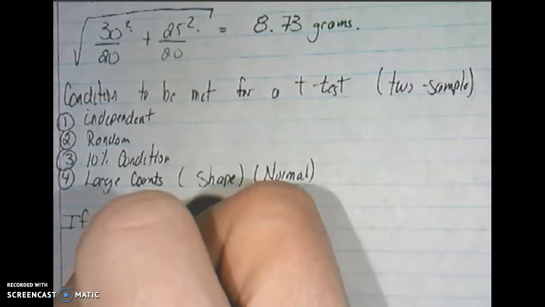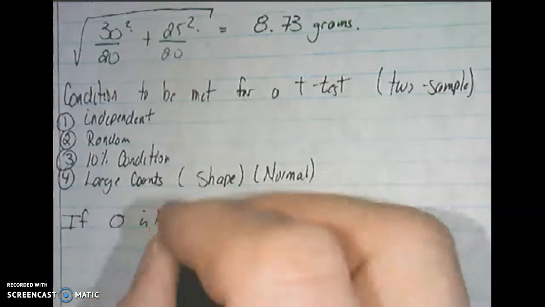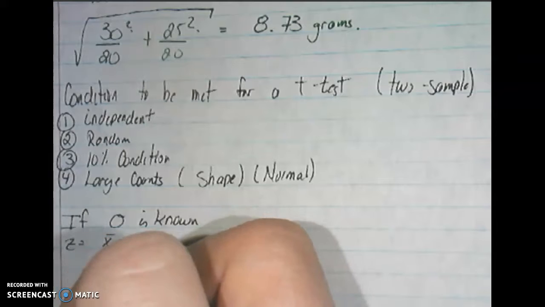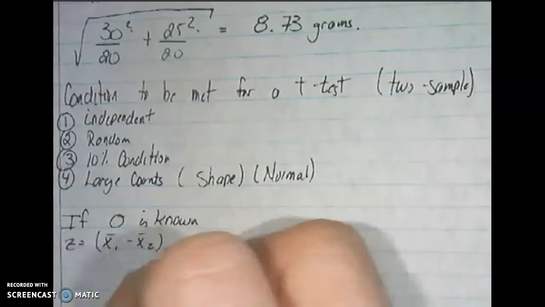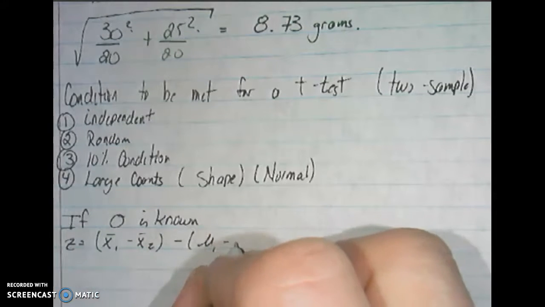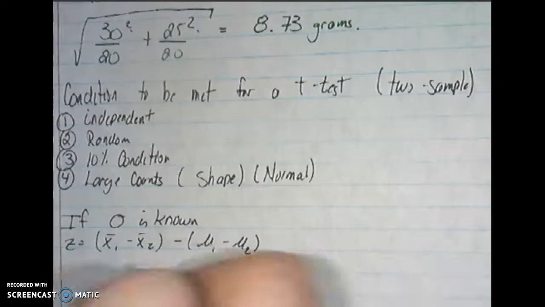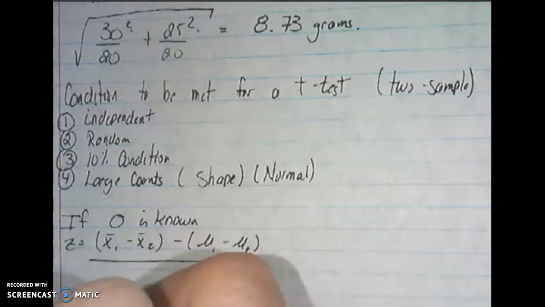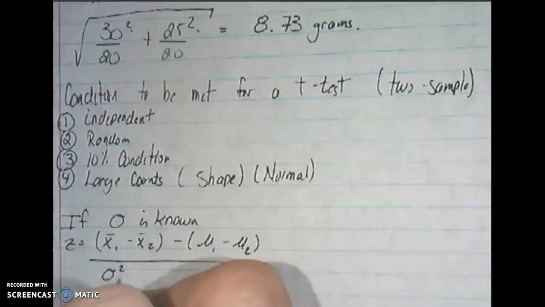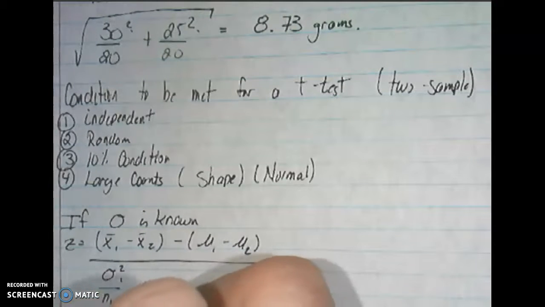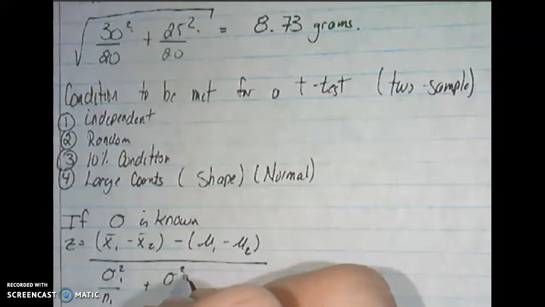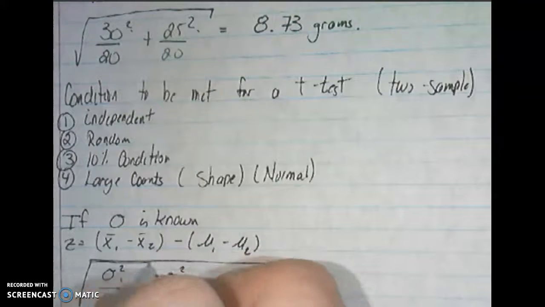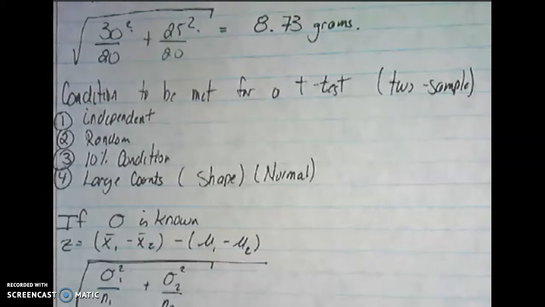Okay? All right. So if the standard deviation is known, then our test statistic is going to be x bar 1 minus x bar 2 minus the mean of 1 minus the mean of 2, and then we're going to divide that by our standard deviation, which was the standard deviation squared of 1 divided by n1 plus the standard deviation of 2 squared over n2, all taking the square root.